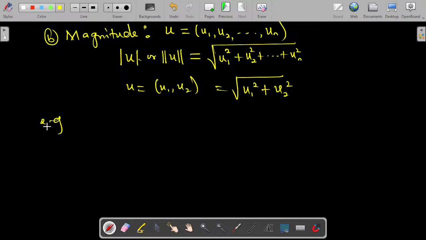Let us assume that you have a vector v, let me put it in the ijk form, let's say 3i minus j plus maybe 2k, and they ask you to find the magnitude of v.